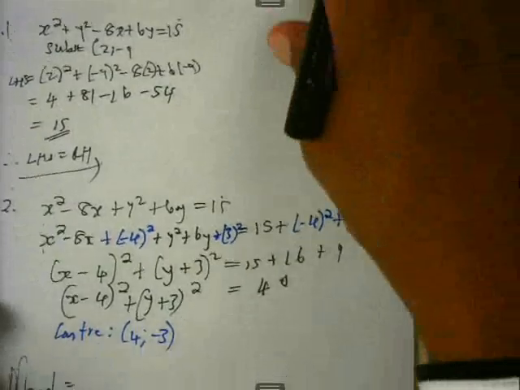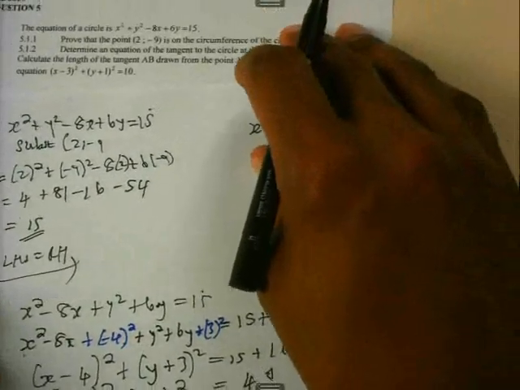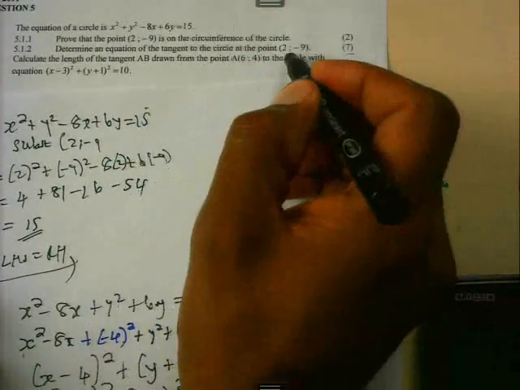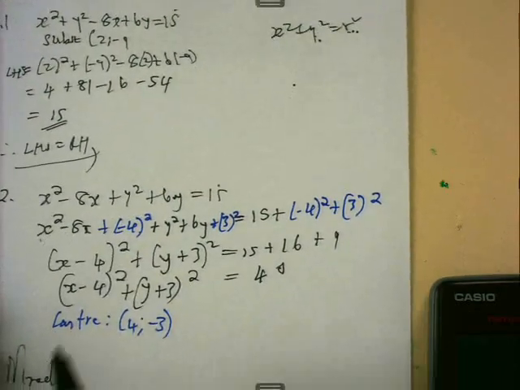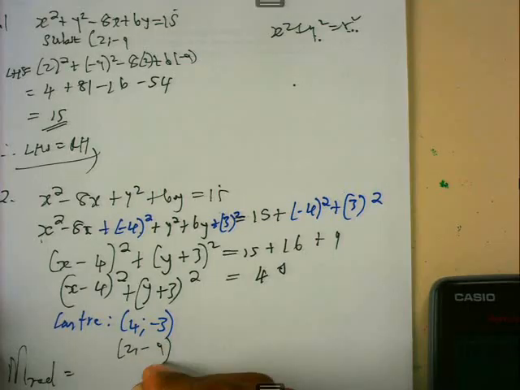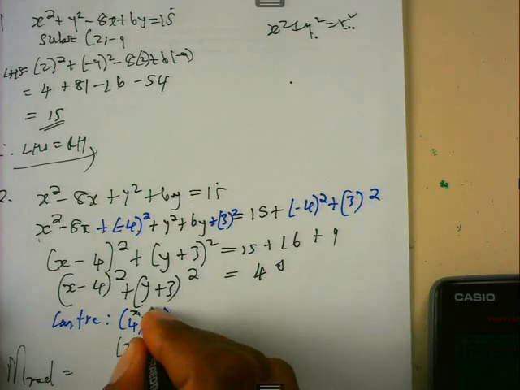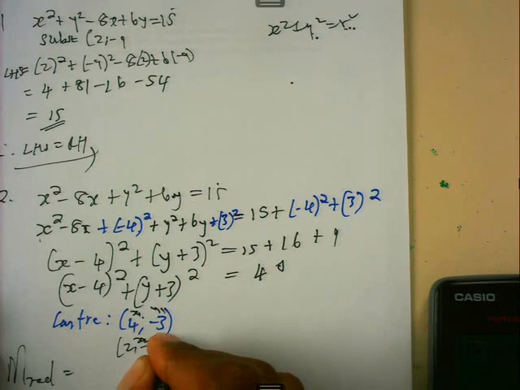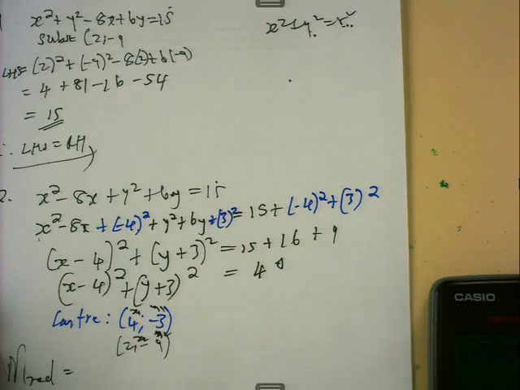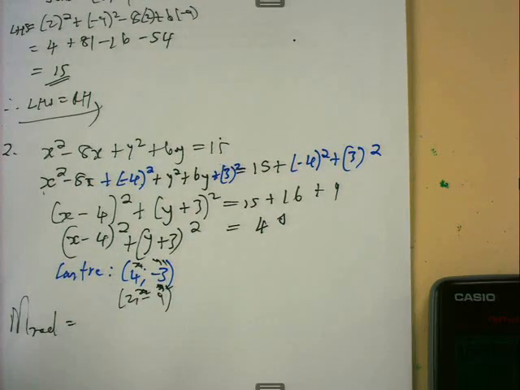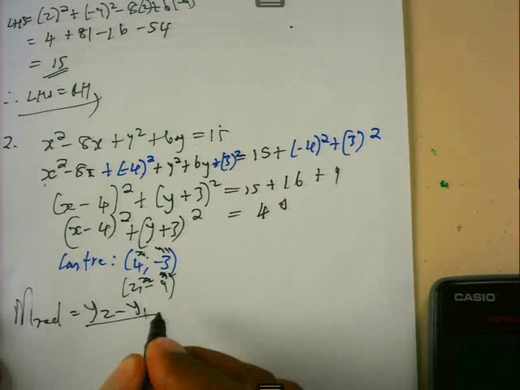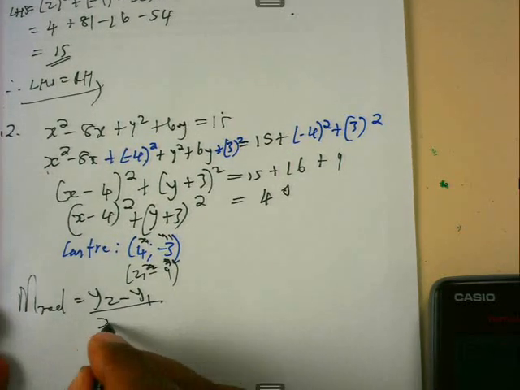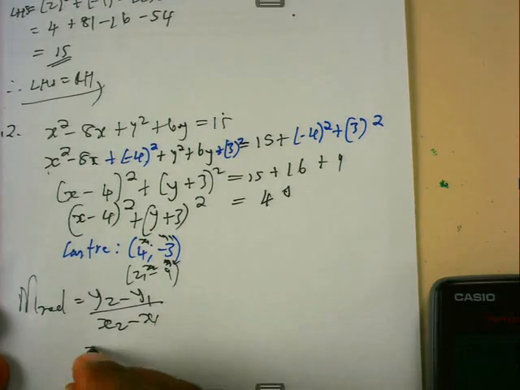You remember from the question, they said at a point where we have 2 as well as minus 9. It means the point that you must use is 2 and minus 9. Then I can say this is x1, y1, and this will be x2 and y2. Therefore, the gradient formula is still the same: y2 minus y1 divided by x2 minus x1.